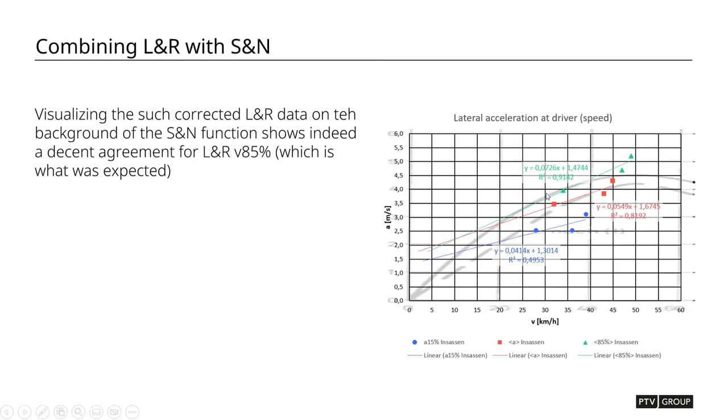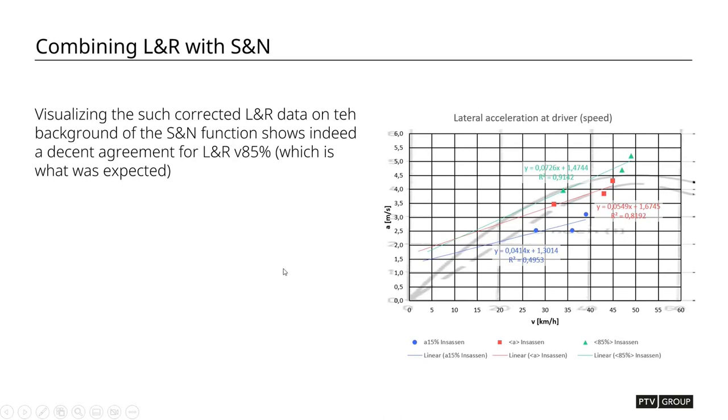Schimmelpfennig and Lindenmann and Ranft match quite well for the 85, so for the fastest drivers. And that's what we would have expected, because Schimmelpfennig and Nackenhorst told them to drive fast, and Lindenmann and Ranft, we have here the 85%.